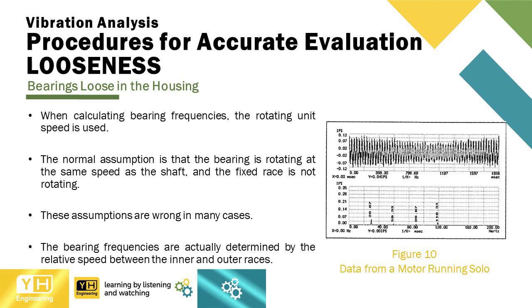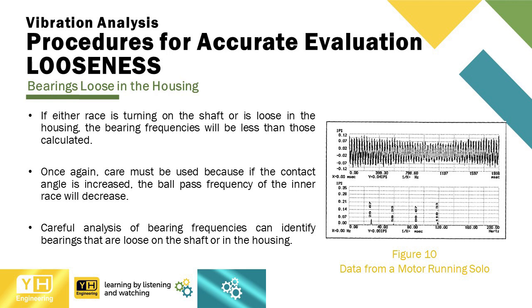The bearing frequencies are actually determined by the relative speed between the inner and outer races. If either race is turning on the shaft or is loose in the housing, the bearing frequencies will be less than those calculated. Once again, care must be used because if the contact angle is increased, the ball pass frequency of the inner race will decrease. Careful analysis of bearing frequencies can identify bearings that are loose on the shaft or in the housing.